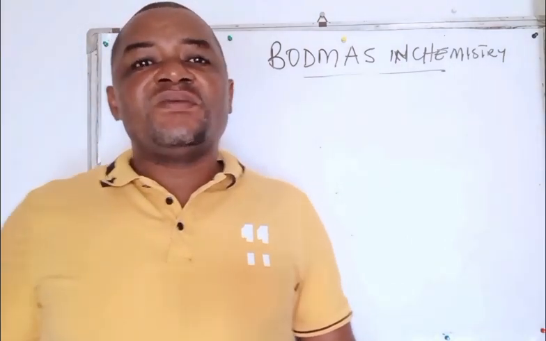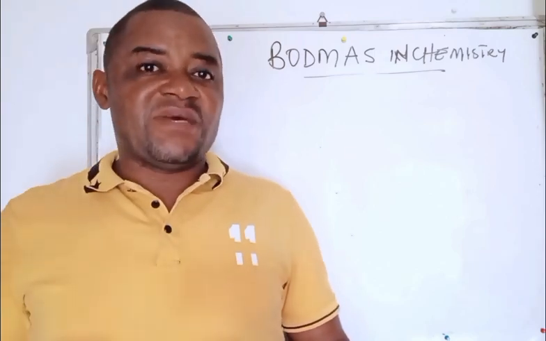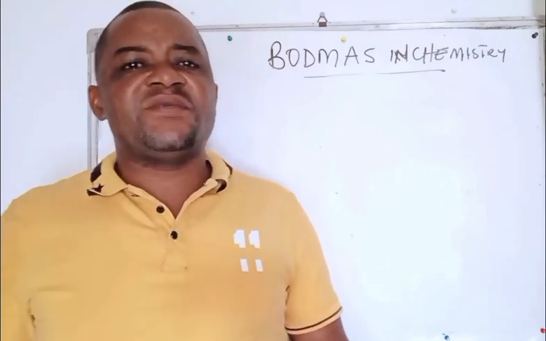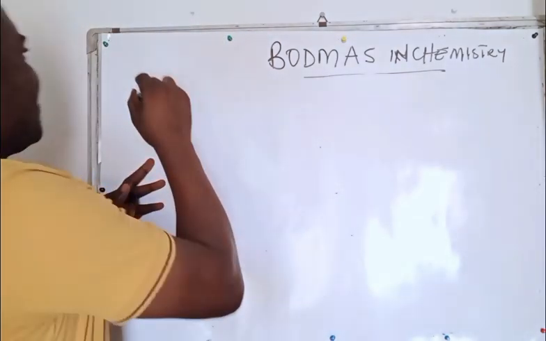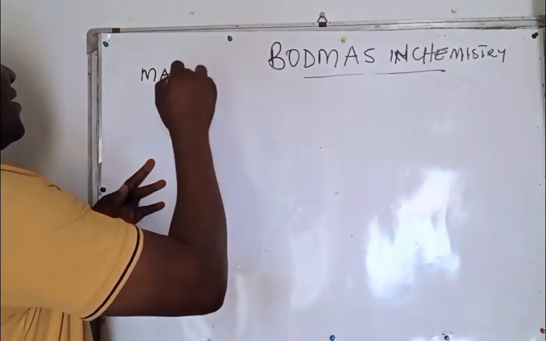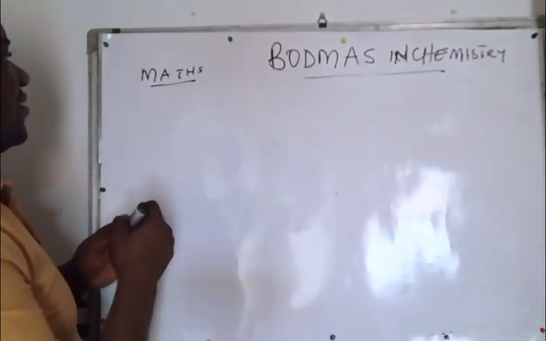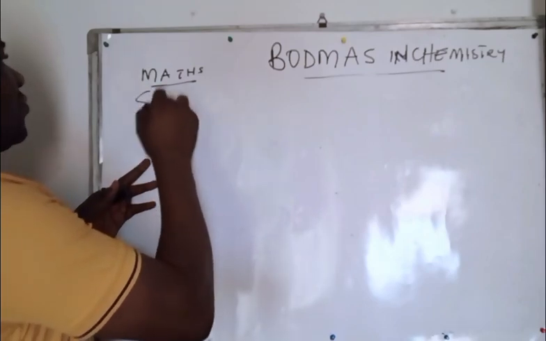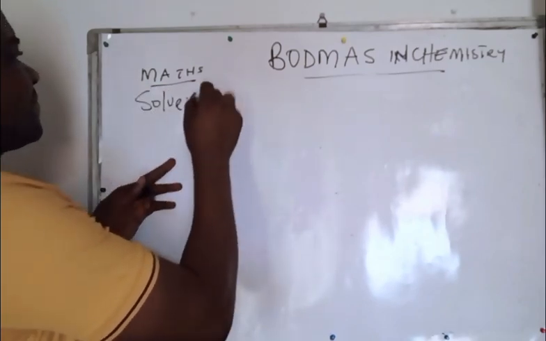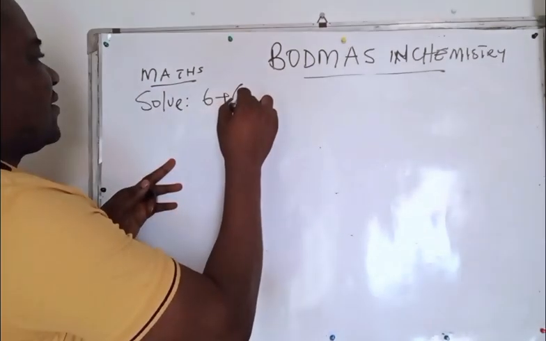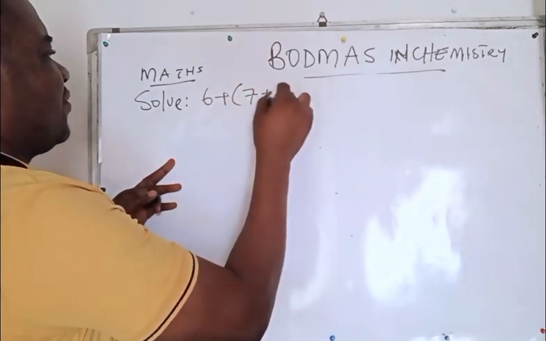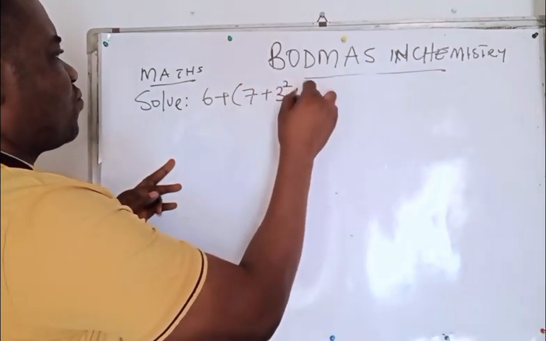Now let us take a typical BODMAS question in mathematics before we see how we can apply it in chemistry. Let's say we are given something very simple. Let us say we are asked to solve 6 plus 7 times, in brackets, 3 squared plus 1.